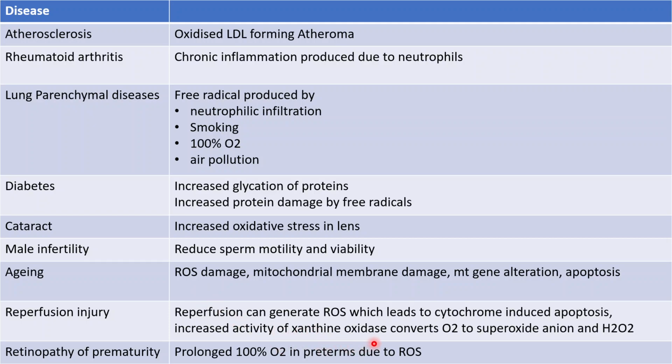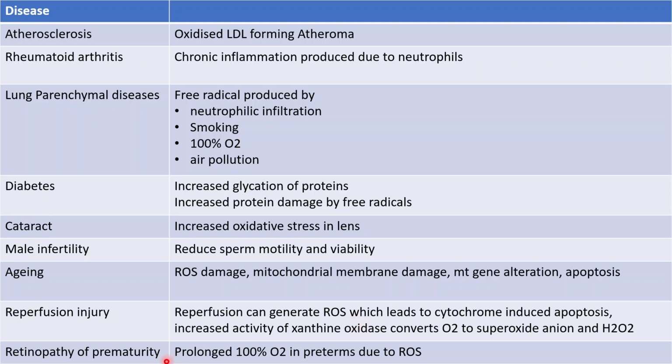This xanthine oxidase converts the incoming oxygen from the blood to superoxide anions and hydrogen peroxide, which can again bring about damage. The free radicals generated also lead to mitochondrial leakage. The cytochromes from the mitochondria are released, which can again cause apoptosis or programmed cell death.